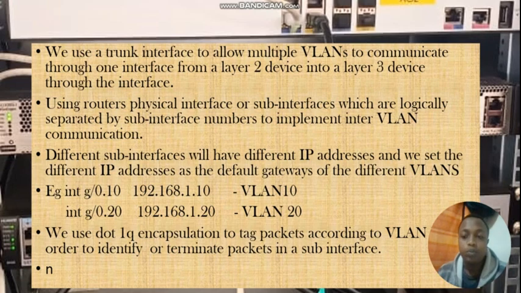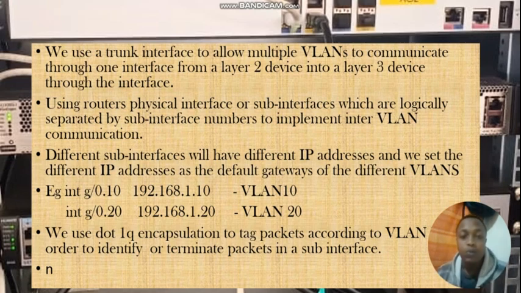So you could have multiple switches connected to this layer 3 device, and these switches have different VLANs. Or in one network you could have one switch which has multiple interfaces, but you allocate one interface from the switch to the router, and that interface is going to be a trunk interface, so that it can allow all the VLANs or the different departments in that network to communicate with each other.